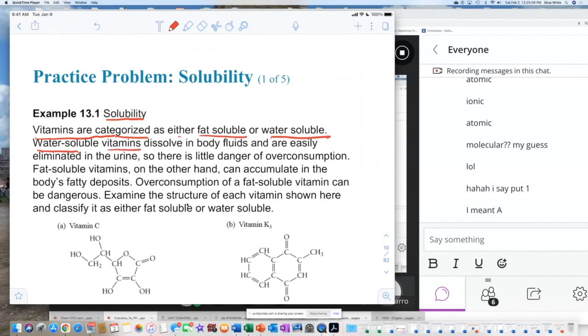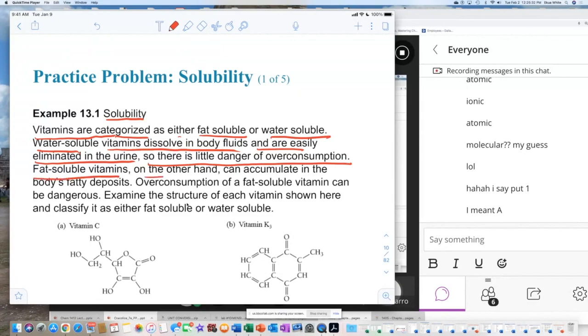Water soluble vitamins dissolve in the bodily fluids and are easily eliminated in the urine, so there's little danger of overconsumption, if you're drinking enough water. You want to make sure you're flushing it out by drinking a lot of water.